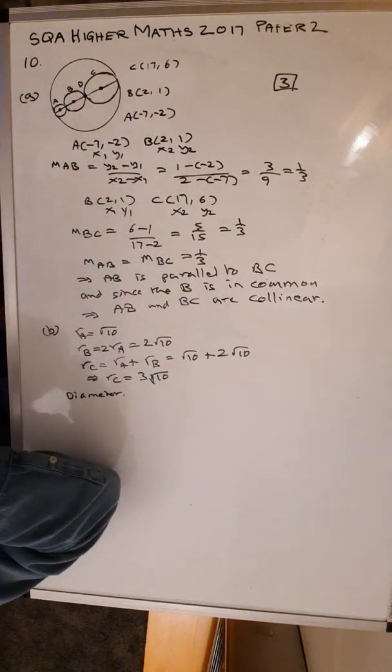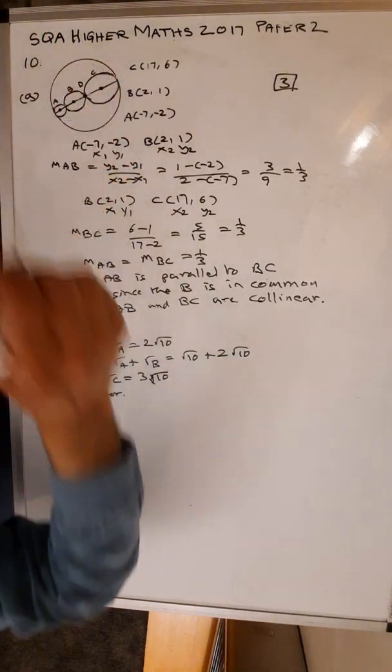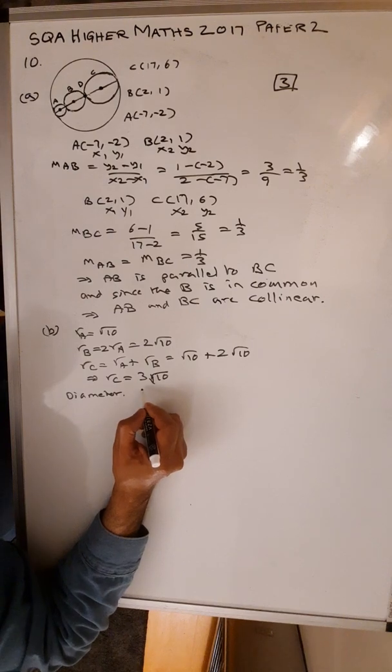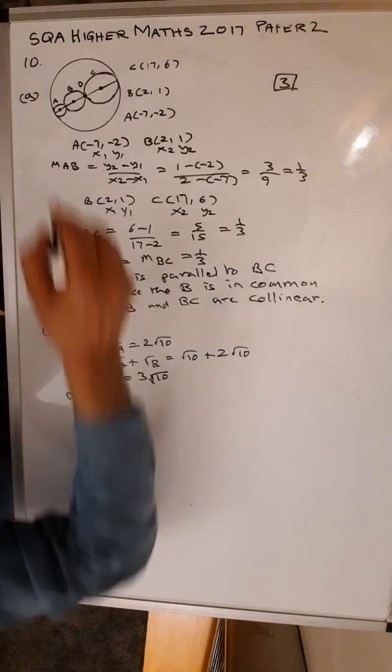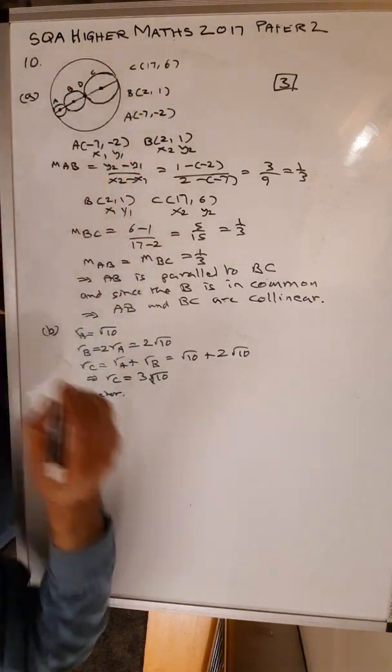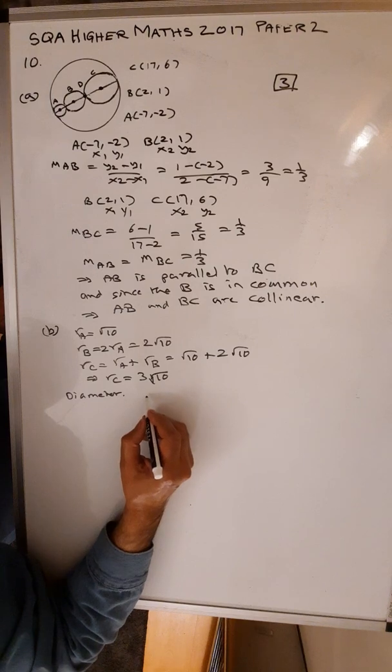So what you've got there is a radius of 6 root 10. The radius of C is 3 root 10, and D is in the center, so overall the radius of D would be 6 root 10. Well, we can work this out.